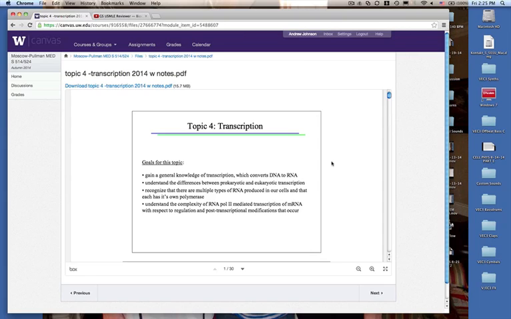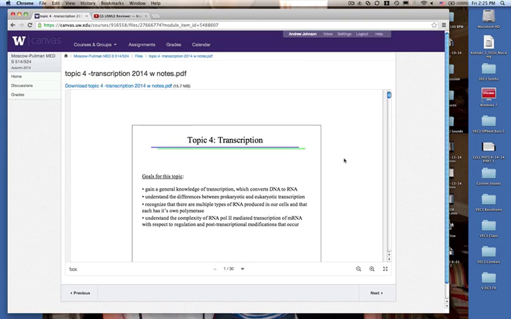Okay. We're on to topic number 4, which is transcription, right? So one of our basic dogmas, basic principles of molecular biology, is that we're taking this DNA that we've got, in our protein coding sequences, and also in our not protein coding sequences, it turns out, we can make an RNA template from that double-stranded DNA, right?